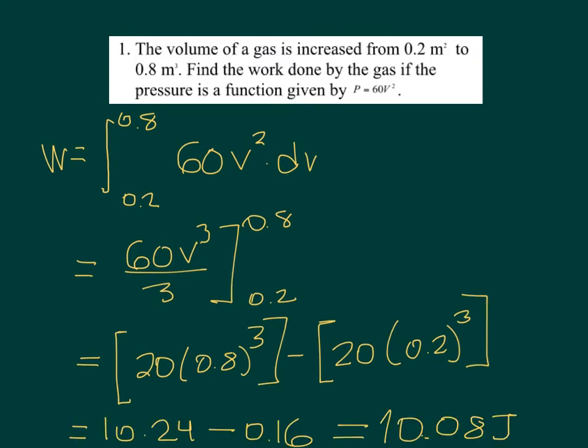And doing the computations, that is 0.8 cubed times 20, 10.24, and 0.2 cubed times 20 is 0.16. So the final result is 10.08 joules, which is the unit for work.